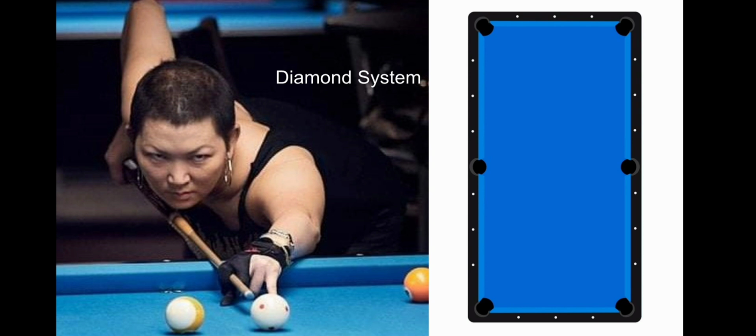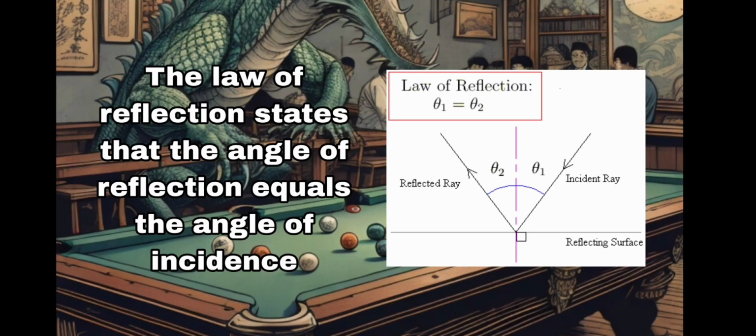The thing with doing the diamond system is that you have to know the law of reflection. The side of the pool table that we're banking off of is going to be the reflective surface, and in this case the incident ray is where we're shooting our cue ball.